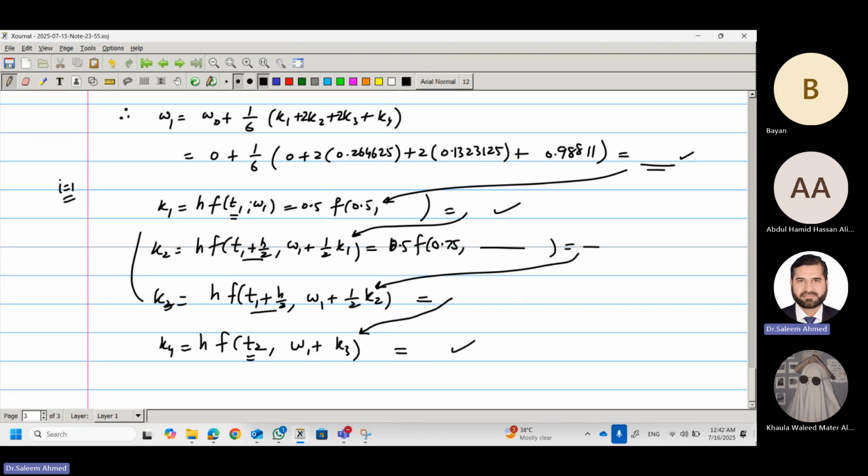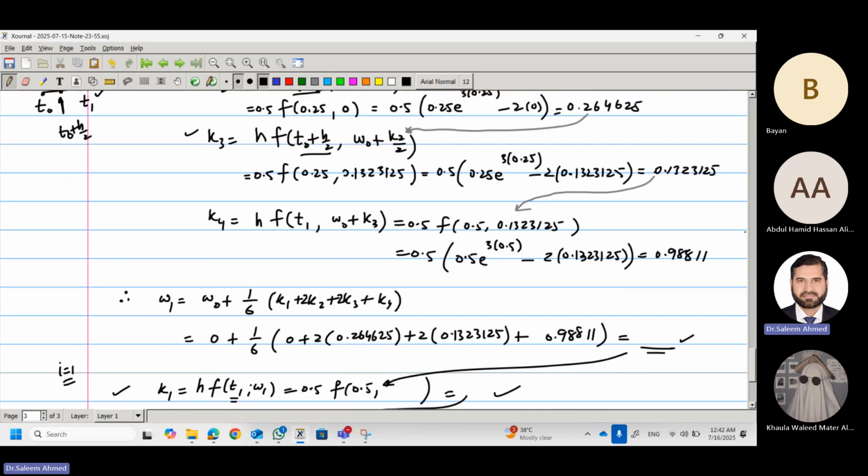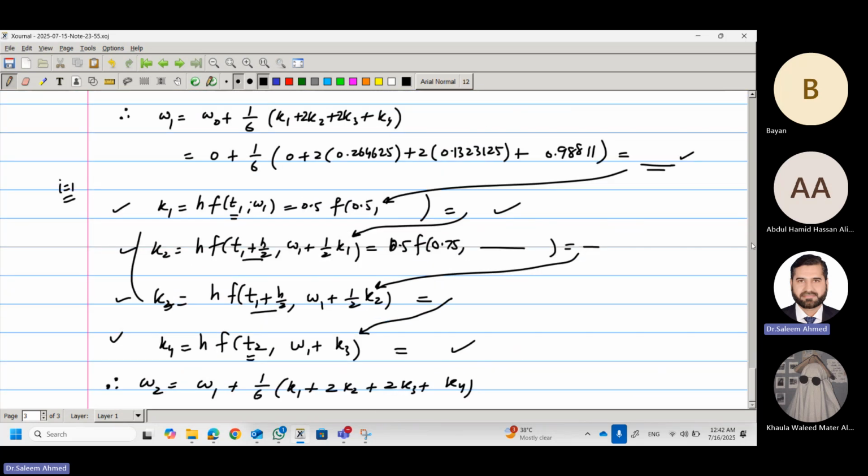So now therefore the next is W2. W2 is W1 plus 1 by 6, K1 plus 2K2 plus 2K3 plus K4. But these are the new Ks. These are these 4 Ks, not the old ones. Old Ks are already used in the first step. Now in the second step, there are new K1, K2, K3, K4, and they will come here.